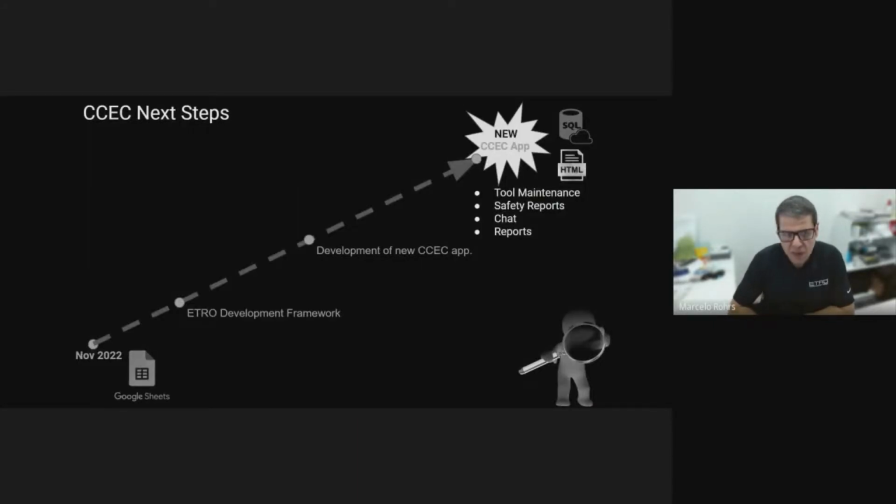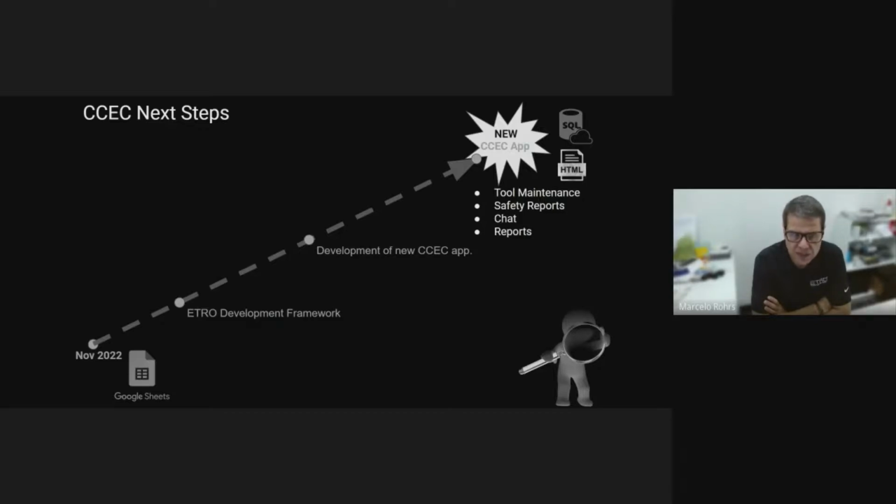The next steps. Okay, so the idea here is to define a new development framework. So what database are we going to use? What code language are we going to use to build our application from now on?